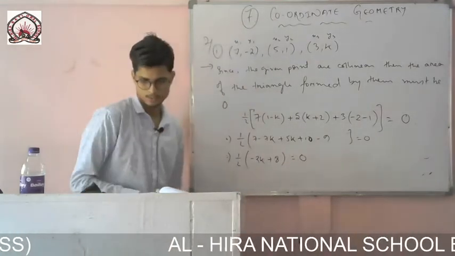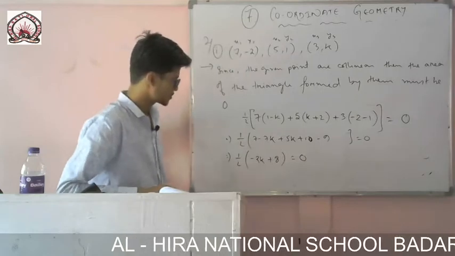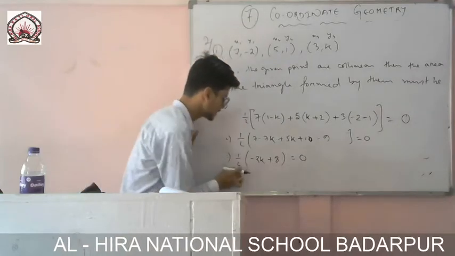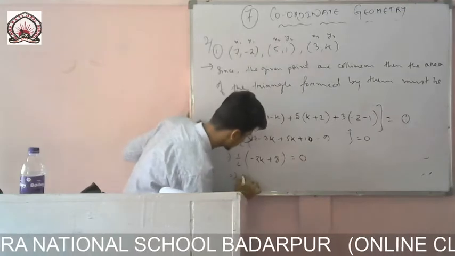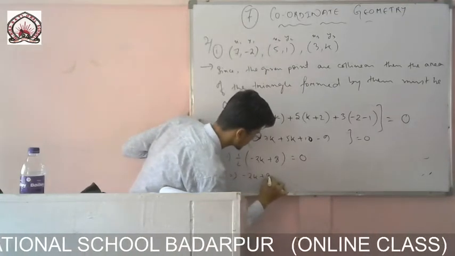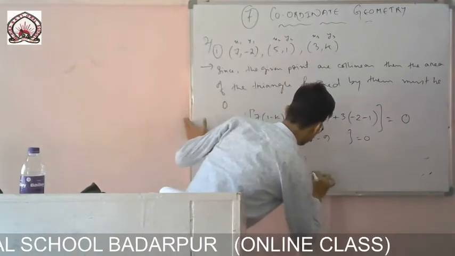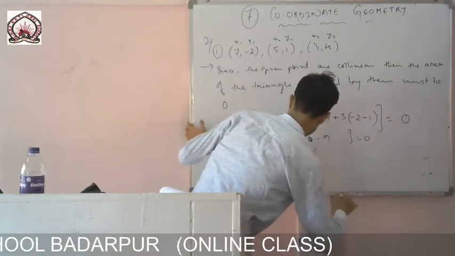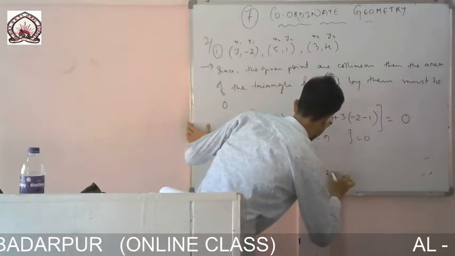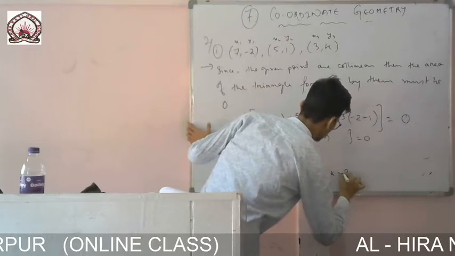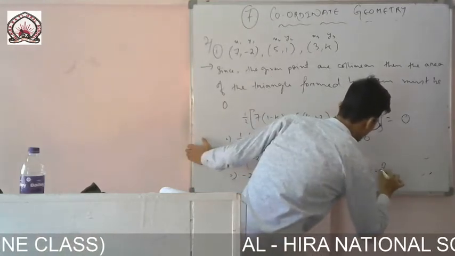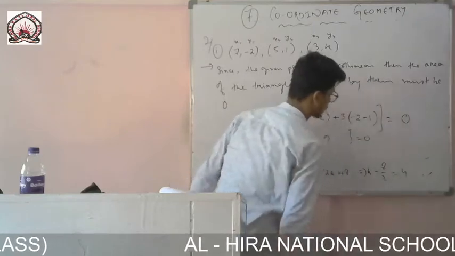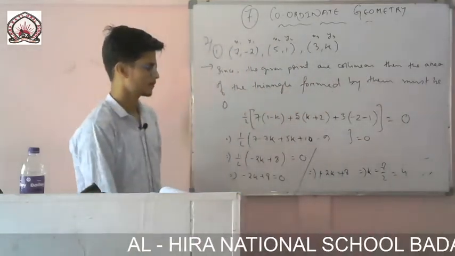So minus 2k plus 8 equals 0. Half, if I move it here, 2 into 0 is again 0. So minus 2k plus 8 is equal to 0. If I go on solving, minus 2k equals minus 8. So minus minus is cancelled, and k equals 8 by 2, that is 4. So the value of k is 4.